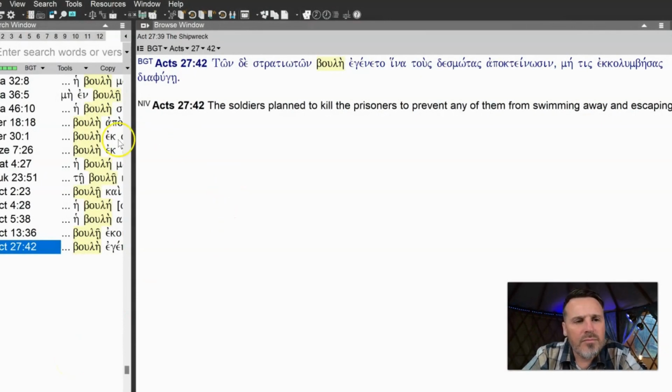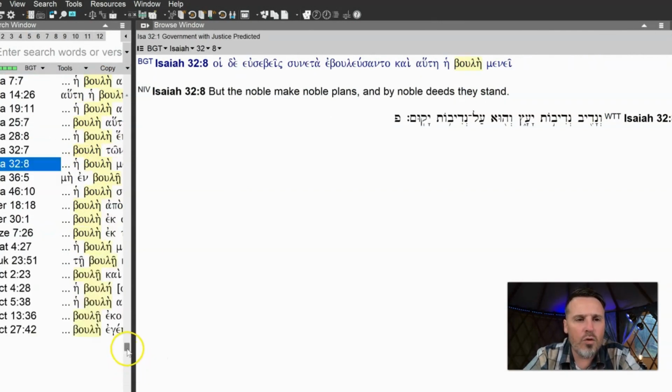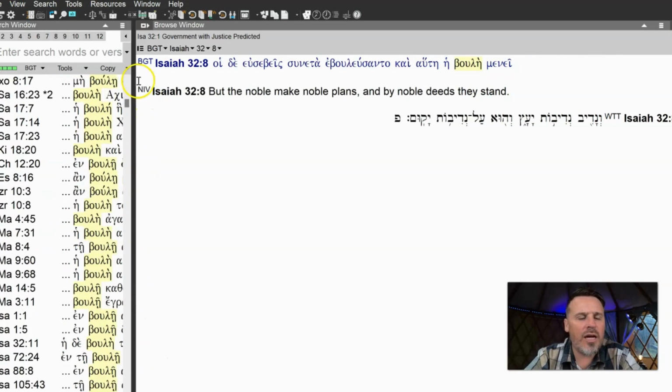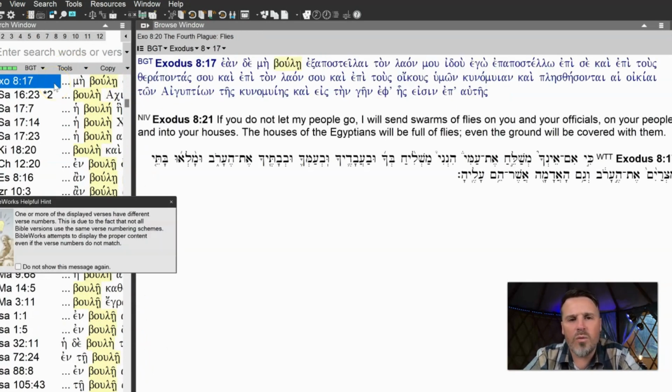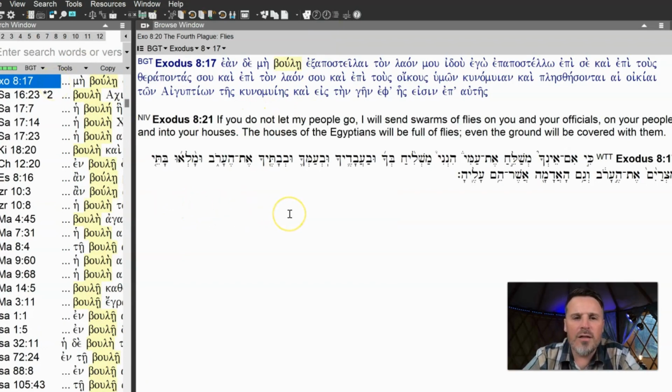There are numerous places in the Septuagint as well as the New Testament where we have vul used. So we can look at a bunch of these. We have it in Exodus where we have the stuff with Pharaoh going on.